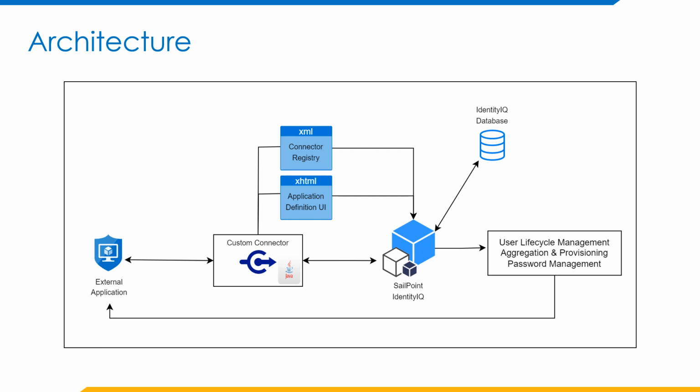The XHTML file contains the UI configuration of the application page for this custom connector type. It contains the details of parameters which are required for custom connector to connect with an external application. These dependency files allow the custom connector to achieve what it is developed for.